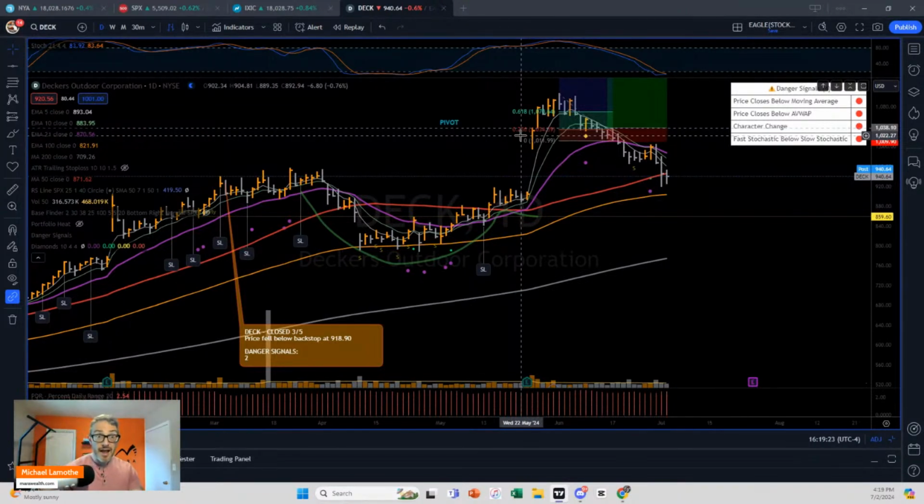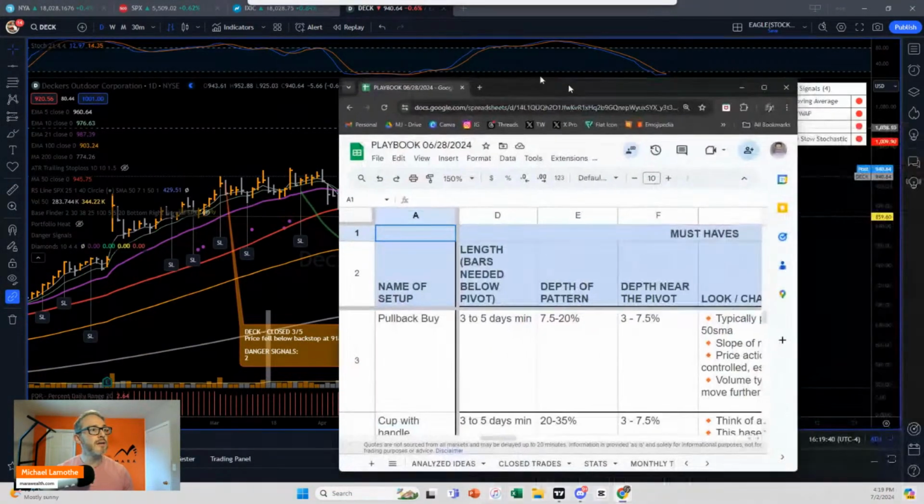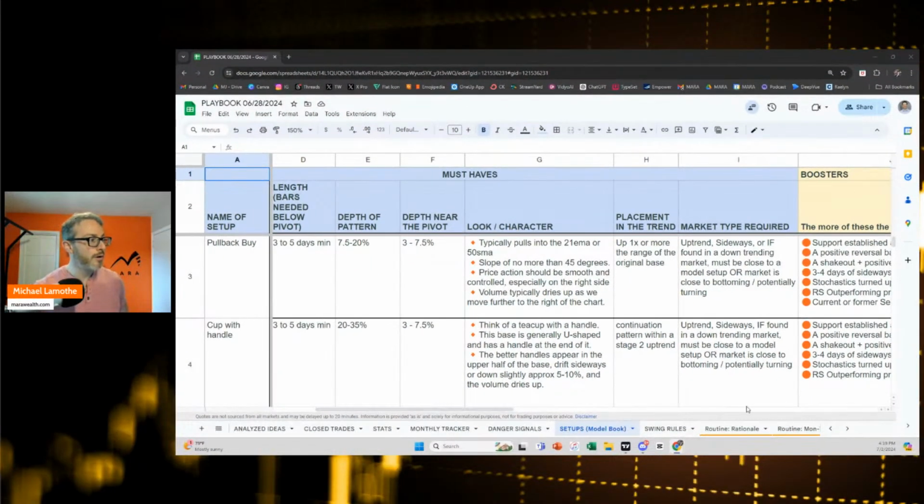And how did I find all this stuff? The way that I found all this stuff wasn't by doing anything other than running screens, right? Running screens, building watch lists, everything that's in here, everything that I share inside our research program.